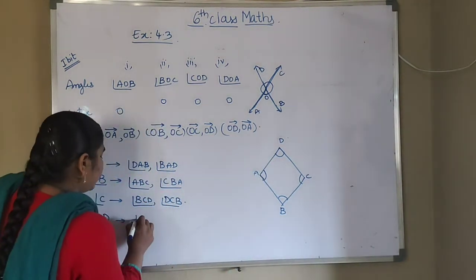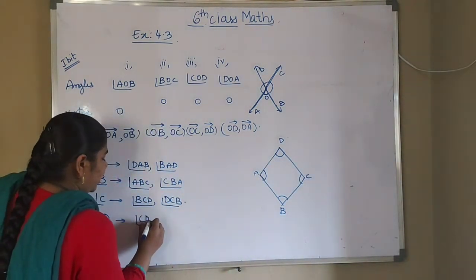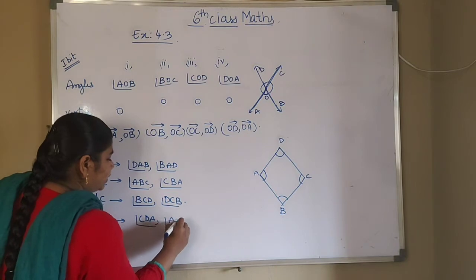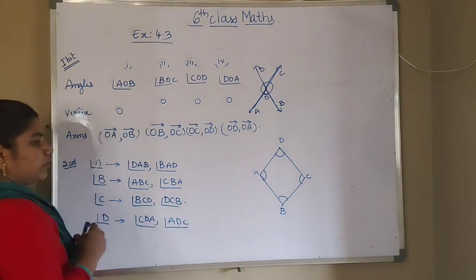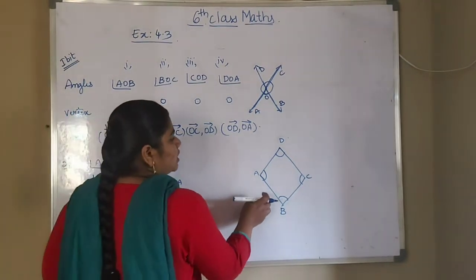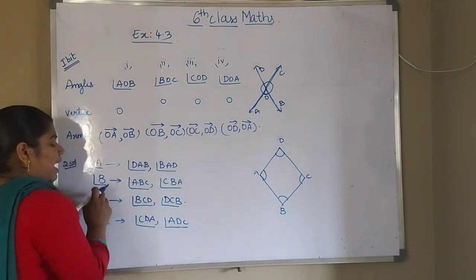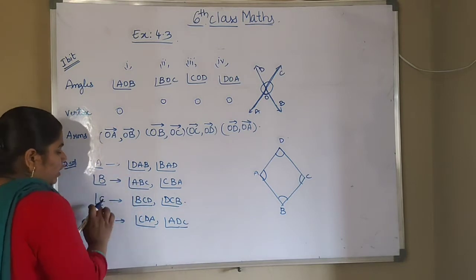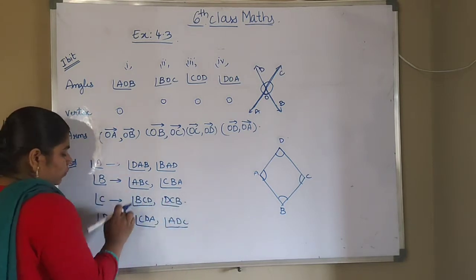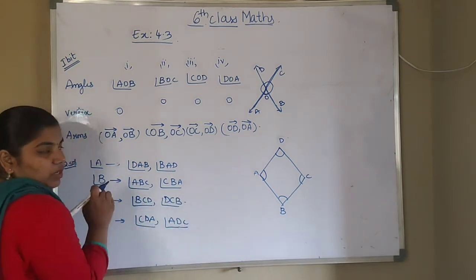We can write in the form of CDA and ADC. So these are the four angles formed in this figure. Angle A can be written in this way also. Angle B can be written this way. Angle C this way. And angle D this way.